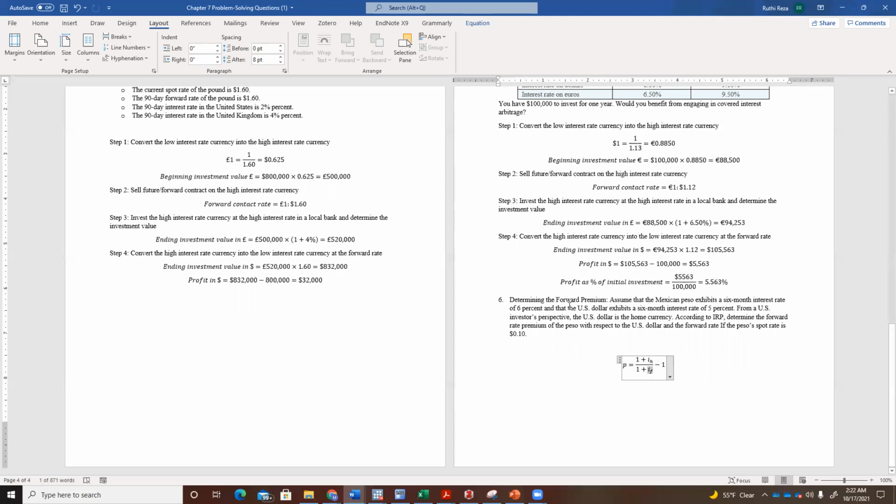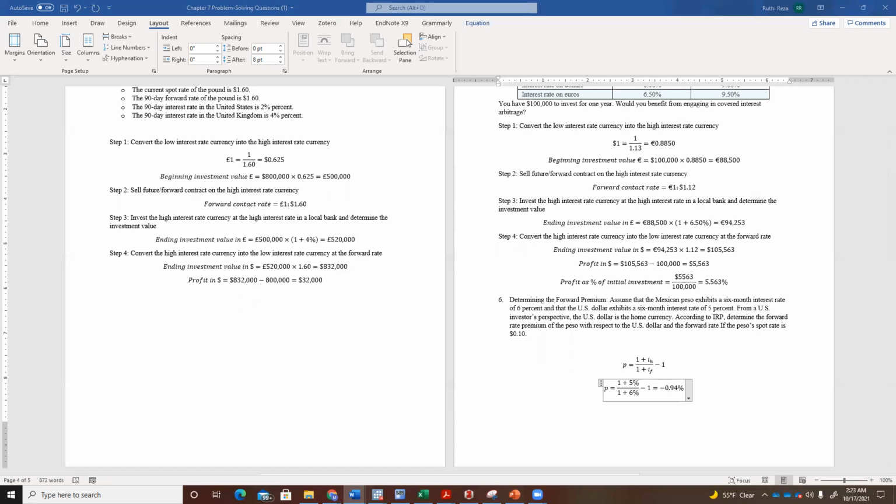Now here you can see the Mexico interest rate is 6%, whereas the United States interest rate is 5%. Based on this information, we can just plug in numbers here. So here, home country interest rate is how much? 5%, whereas the foreign country interest rate is 6%. So the discount should be negative 0.94%. So this is the value of P.